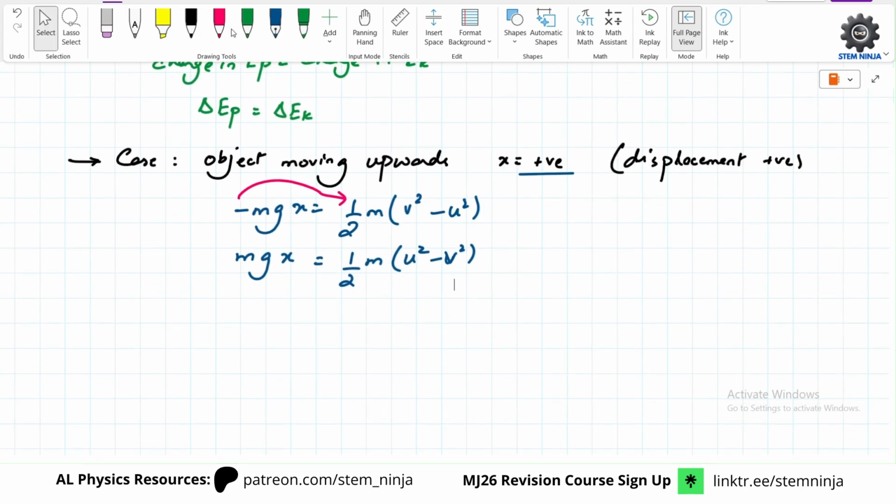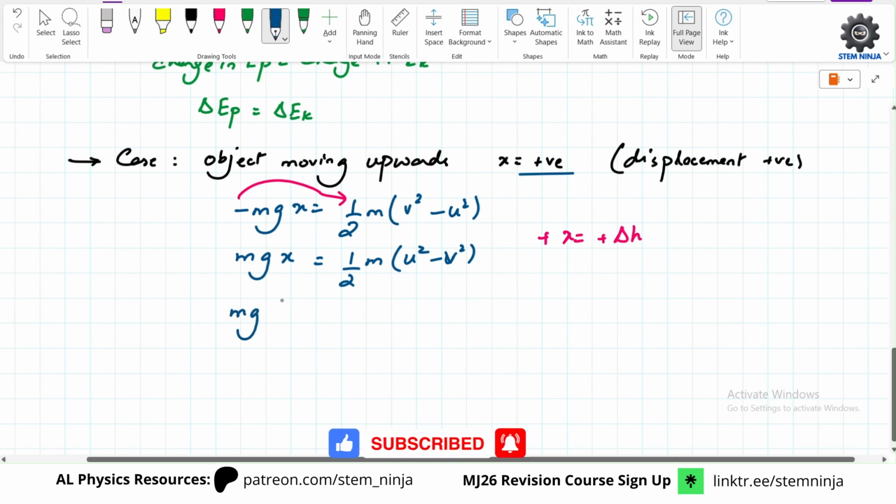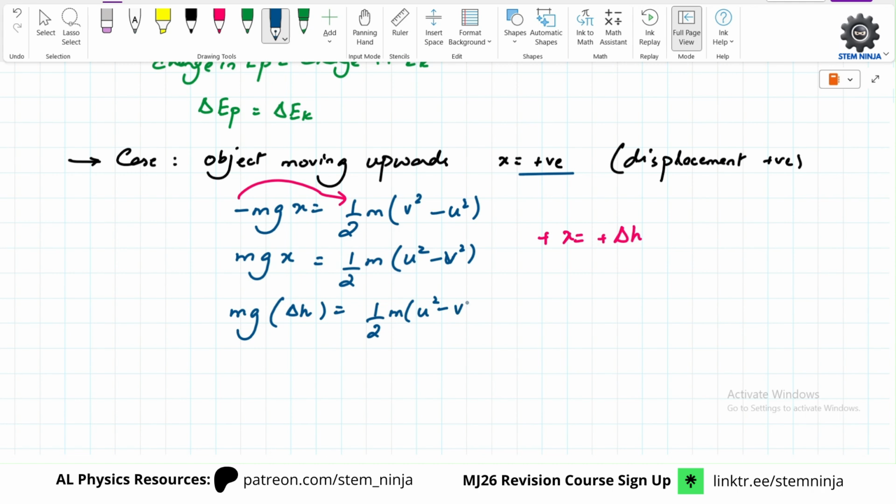And another way the books usually write this is that the change in height is positive. So some books may also write it this way: half m u squared minus v squared. And just to make sure that the meaning is clear, the object is going upwards.